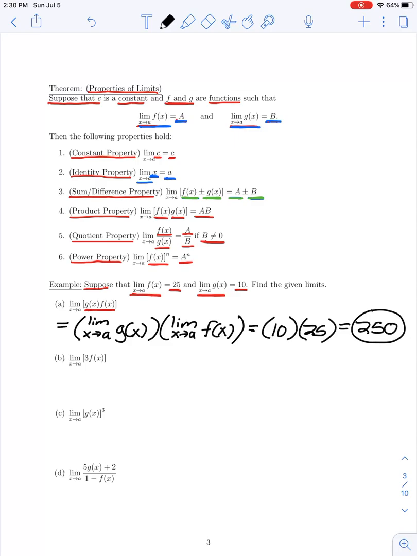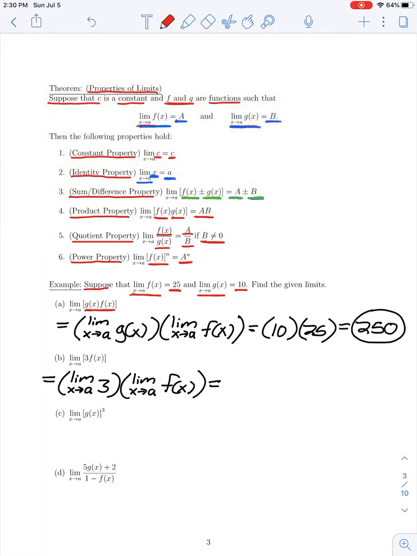All right. Now in part B, we have the limit as x approaches a of 3 times f of x. So here we're taking again the limit of a product of two functions, 3 and f of x. Using the product property, the limit of this product is the same as the product of the limits as x approaches a of 3 and the limit as x approaches a of f of x.